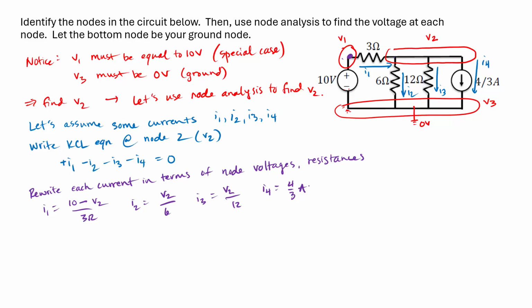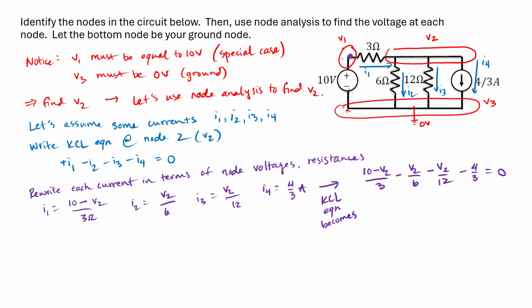So we just take that current source that was given. So therefore, if we substitute these in, we determine that our Kirchhoff's current law equation becomes 10 minus V2 over 3 minus V2 over 6 minus V2 over 12 minus 4/3 equals 0.